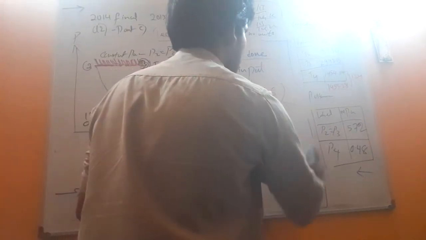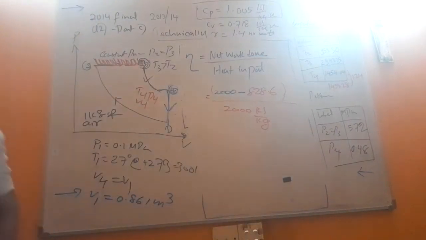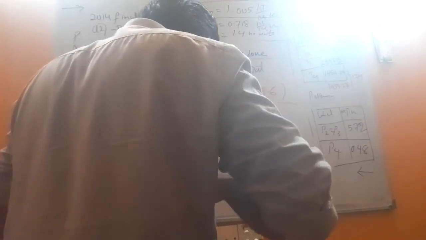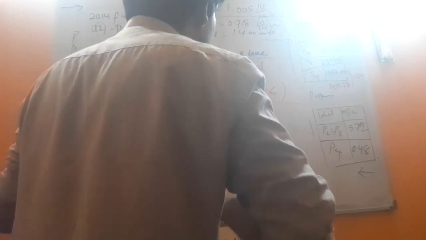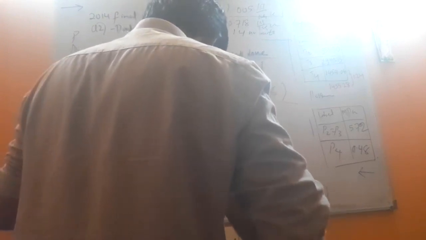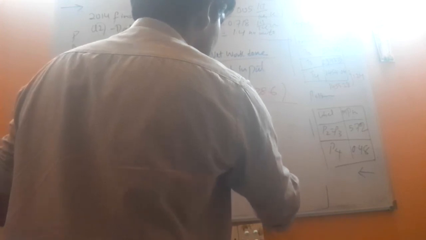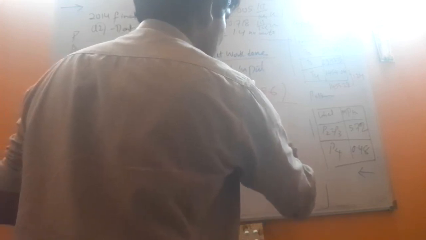Right. Okay. So now you can find what is the cycle efficiency. 2000 minus 828.6, how much? 1171.4 divided by 2000 kilojoules per kilogram.